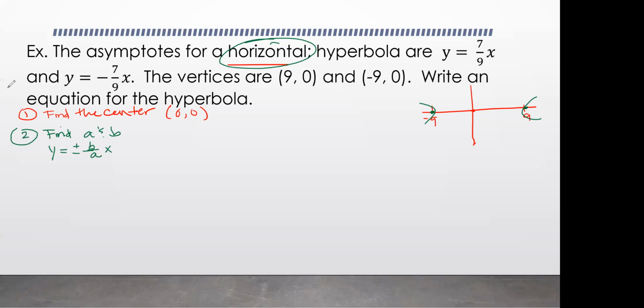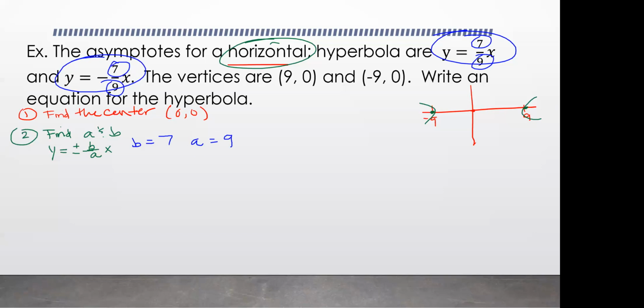It told us in the problem y is equal to 7/9x and y is equal to negative 7/9x. So b is the numerator, 7, and a is the denominator, 9. So now we have a and b.